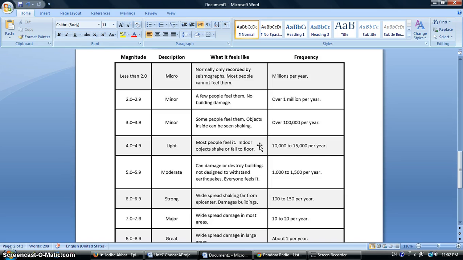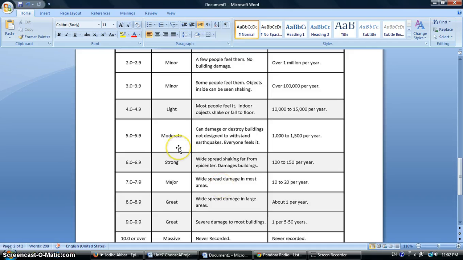6 to 6.9 is strong, they damage buildings and cause widespread shaking far from the epicenter. And 7 to 7.9 would be a major earthquake that has damage in widespread areas.